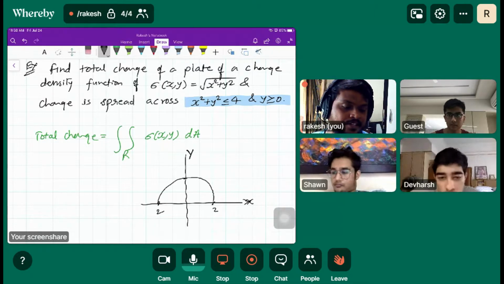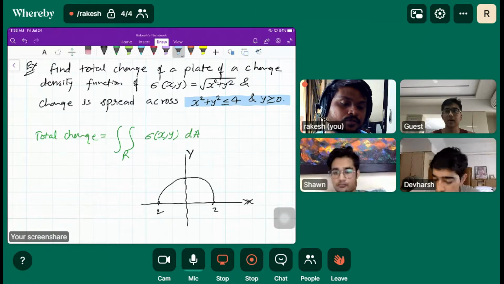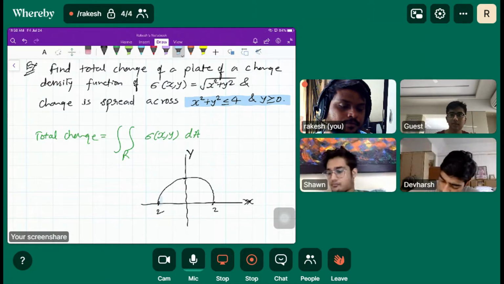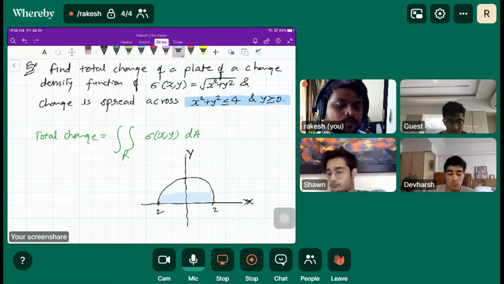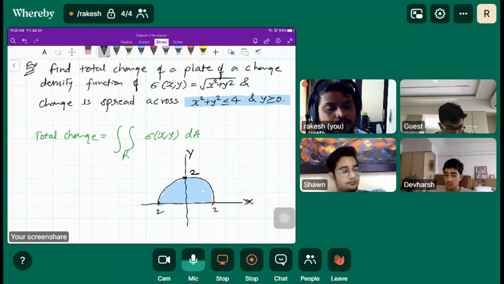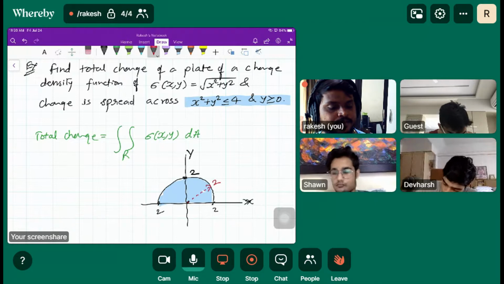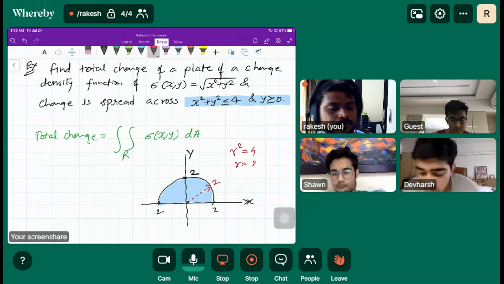Or you can do 2 into 0 to pi by 2, same thing. So this is the region here. Now r goes from 0 to 2, because r square is equal to 4, so r is equal to 2.